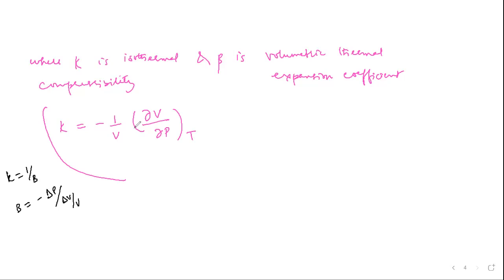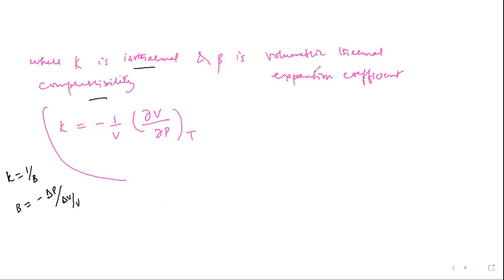So it is reciprocal of that. You have fractional change in volume in the numerator and change in pressure in the denominator. But since you are keeping temperature constant, we call it isothermal compressibility. So we are fixing the temperature during change in pressure, right?